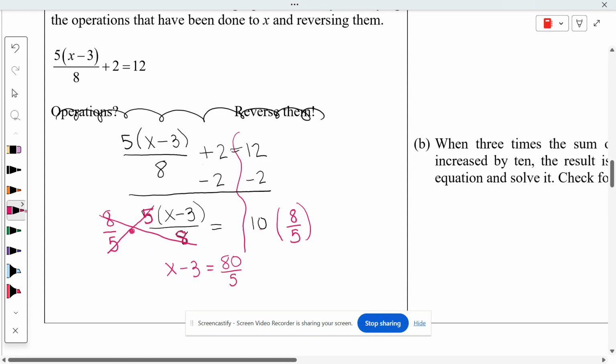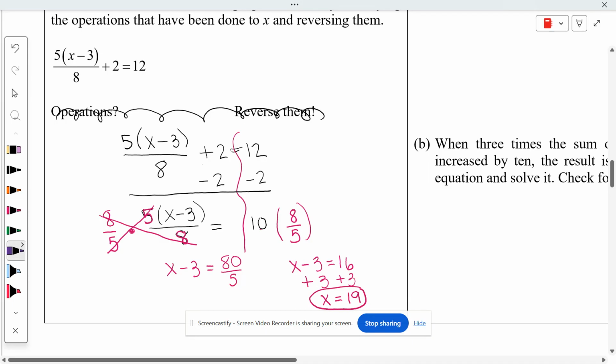Well, what is 80 over 5? 80 divided by 5 is 16. So x minus 3 equals 16. Last step, add 3 to both sides, and I find out that x equals 19.